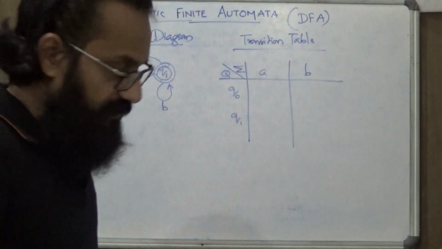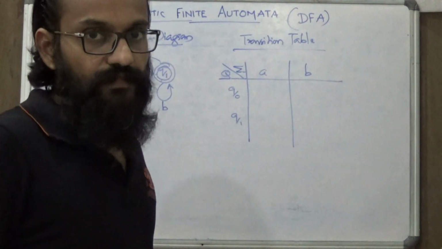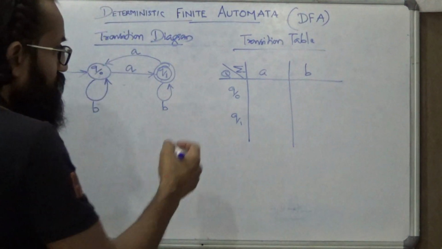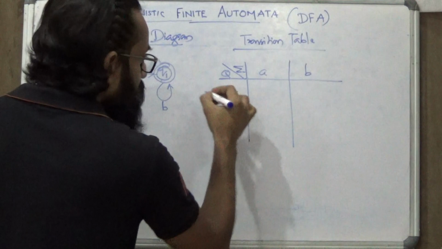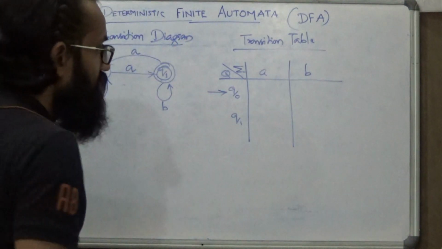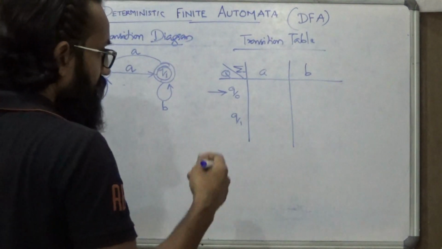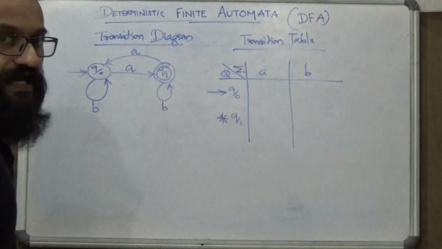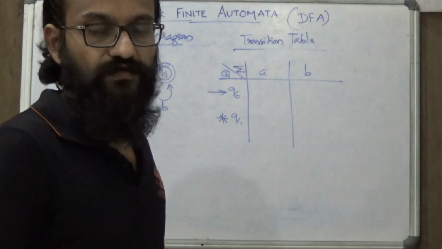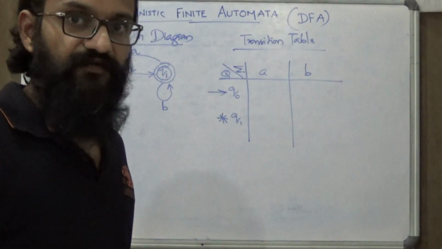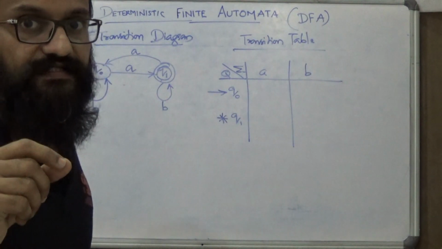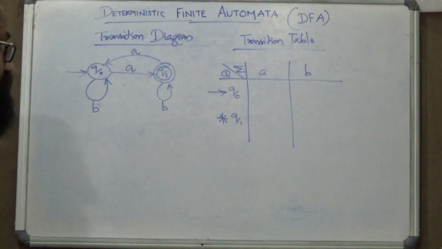You write the set of states in this column, and you have to differentiate the start state and the final states. Here this is the start state, so you designate it using an arrow, and final states must be designated by attaching an asterisk symbol. You can have multiple final states in a finite automaton, and you have to designate all those final states using an asterisk symbol.